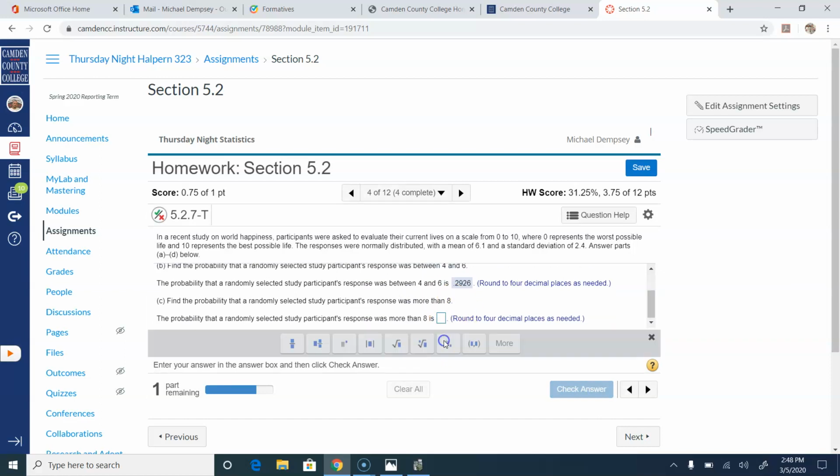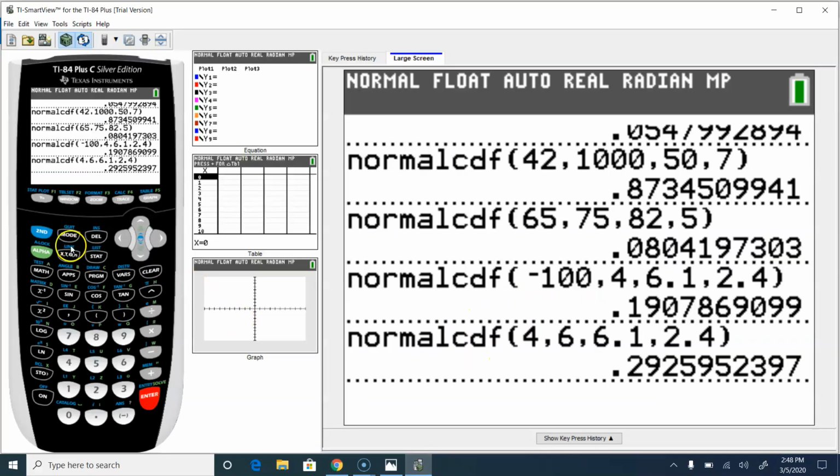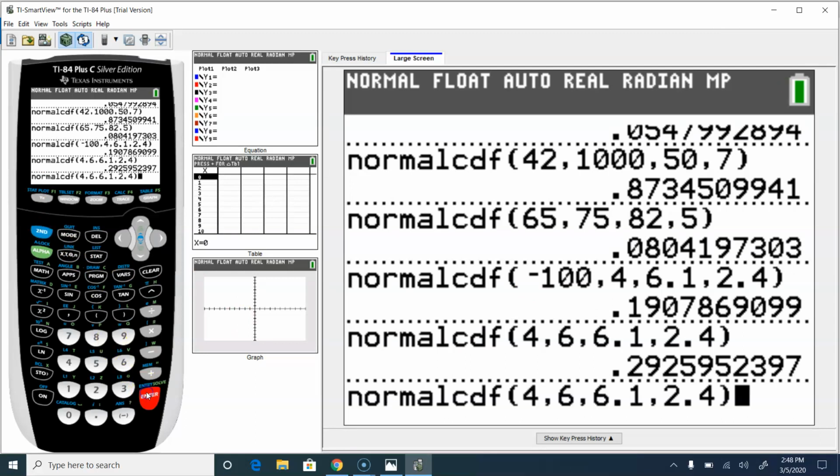And last one, more than 8, right? So where's that going to be? 6.1's here, 8's over here, so 8's my lower limit, more than 8. So 8 becomes the lower limit. You can use the exact same numbers we just had. And then we want to pick a really big, high upper limit.